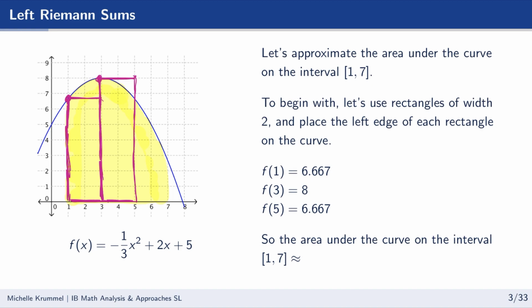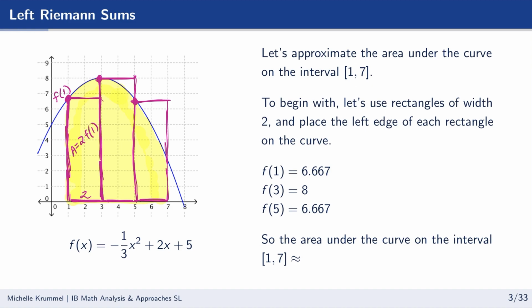And then we'll do this one more time with one more rectangle to take us from 5 to 7. We're going to follow the left edge up until we hit the curve, and that will determine the height of the rectangle. So again, we see this last rectangle is really not doing a great job of capturing the correct amount of area there. But it's simple enough to calculate the area of a rectangle. We know that the width is 2, and then the height is just this function value at f of 1 right here. So the area of the rectangle is 2 times f of 1.